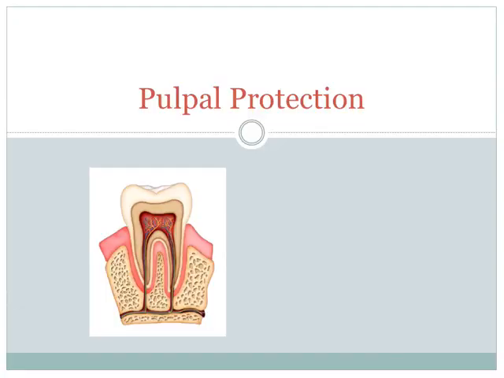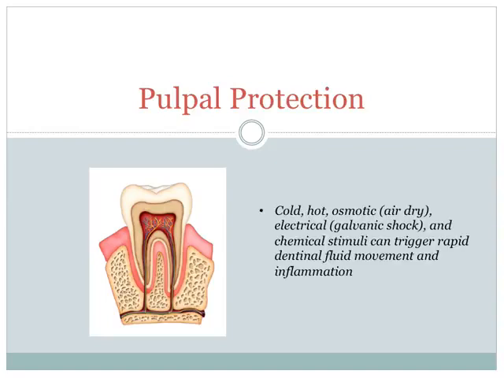All right, and then the very last thing I wanted to mention was pulpal protection. So there are a whole lot of things that can irritate the pulp. Air, temperature, other things, and especially if we're within like 0.5 to 1 millimeters of the pulp, we need to protect it.